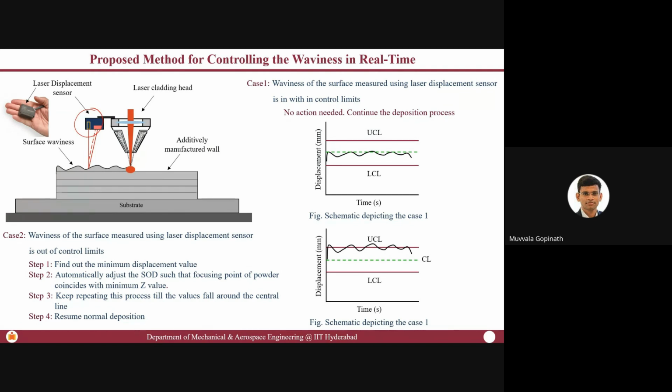So the essential idea of introducing this method is what kind of sensors you can integrate. Can this displacement sensor only talk about waviness in additive manufacturing? No, absolutely not.